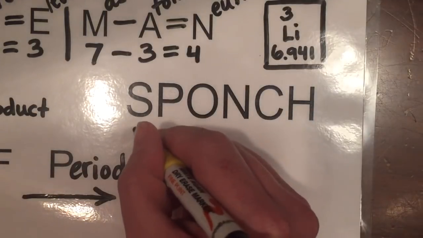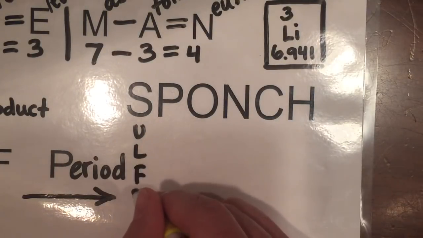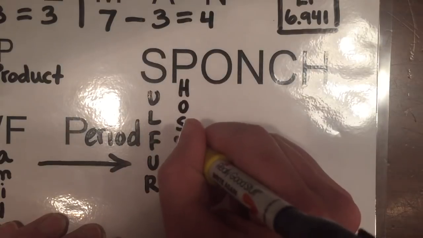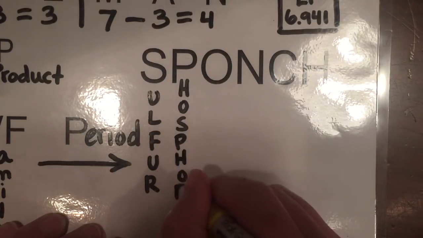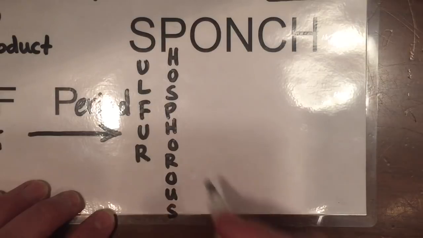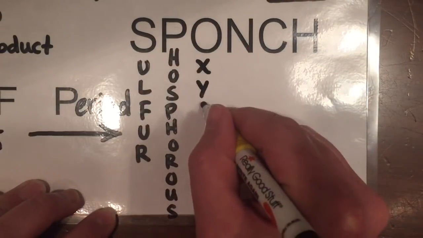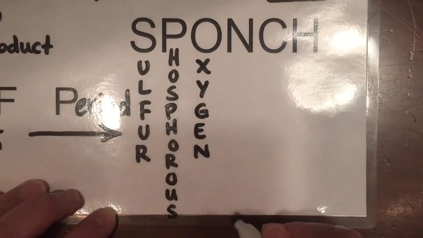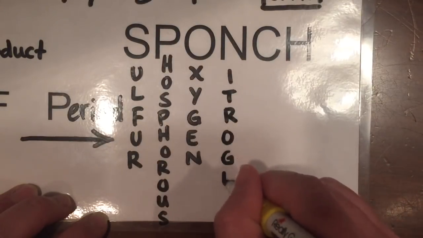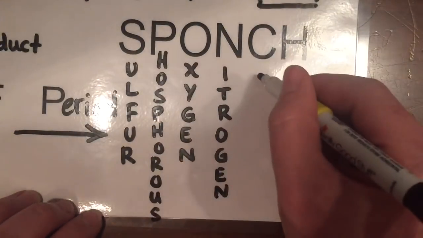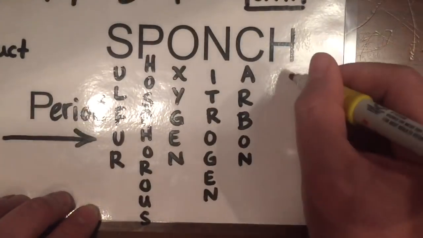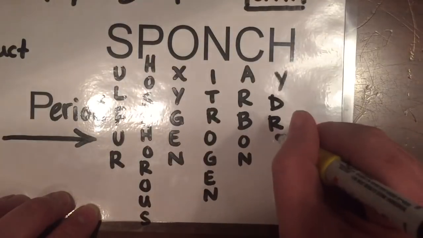Some of these are sulfur, phosphorus, O, everybody always knows that, it's what we breathe, oxygen, nitrogen, carbon, and hydrogen.